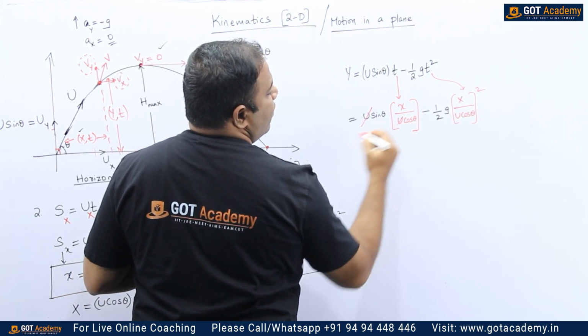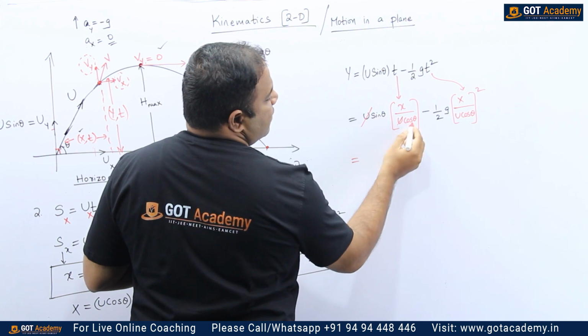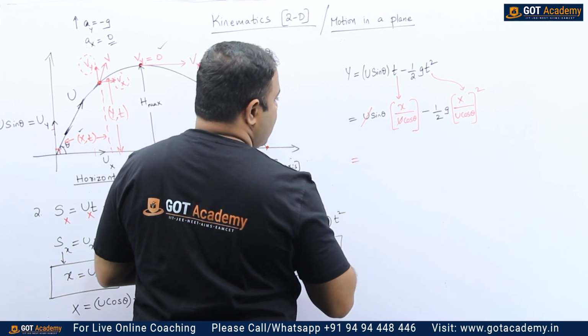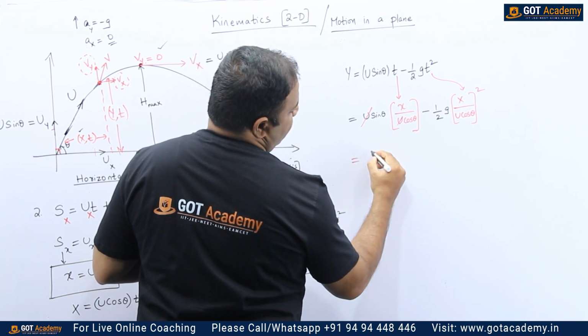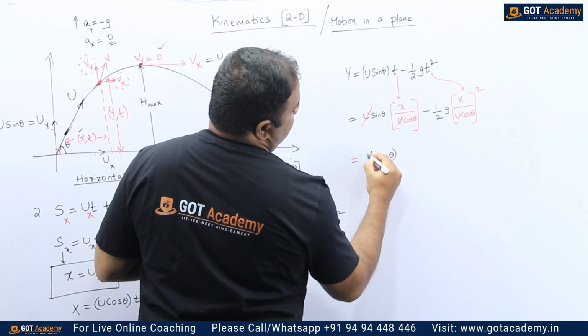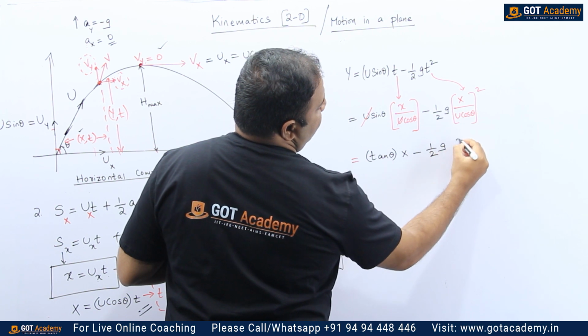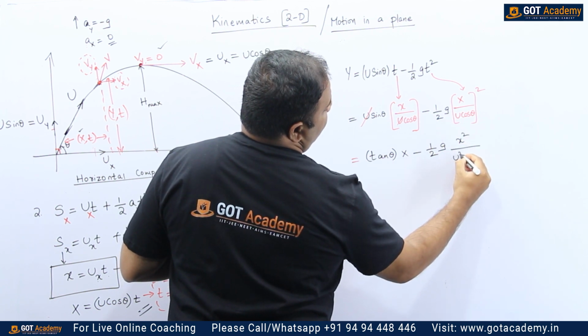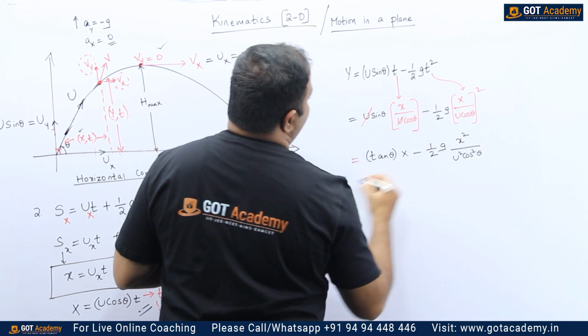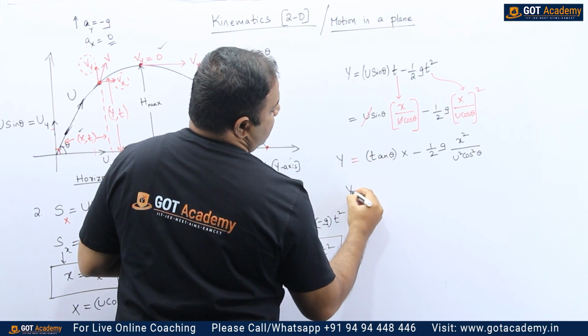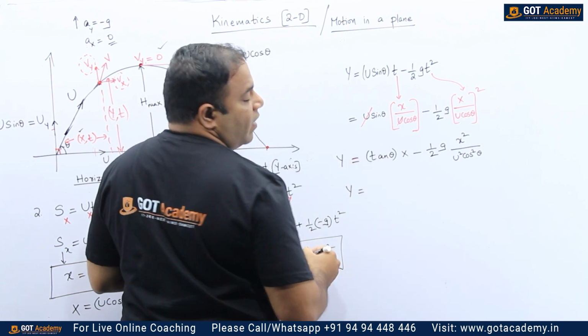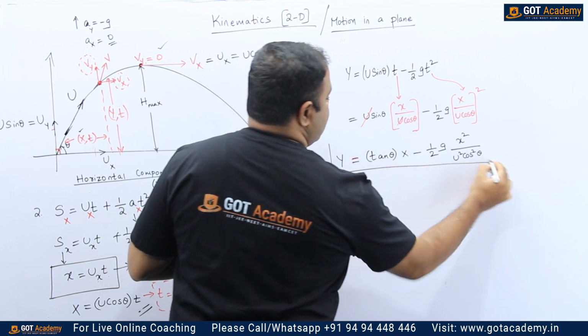So u and u cancel. Sin by cos is tan. So y is equal to tan theta into x minus half g x square by u square cos square theta. This is the final equation.